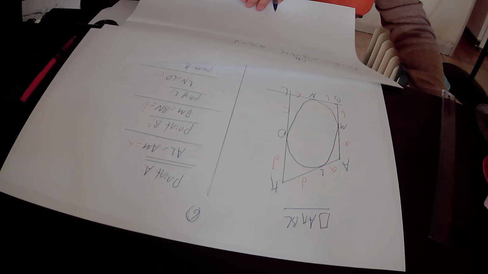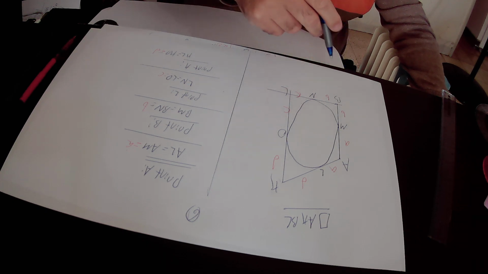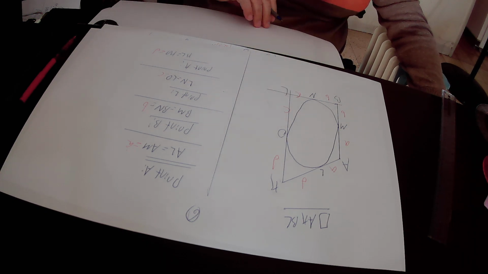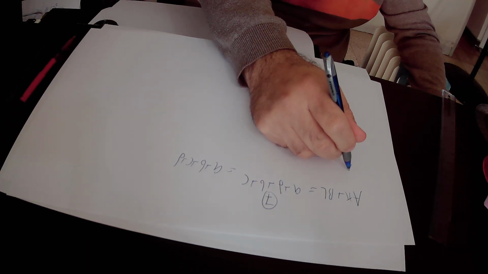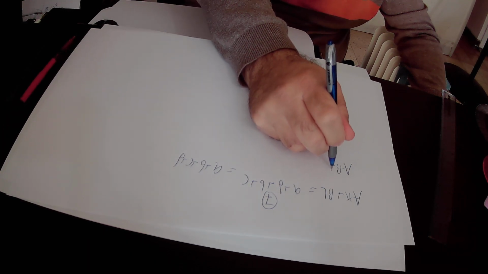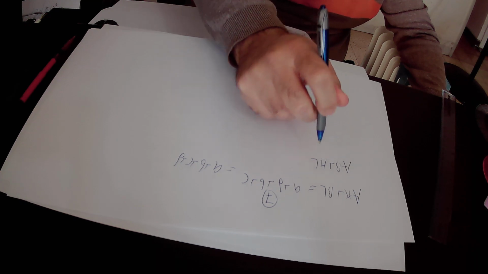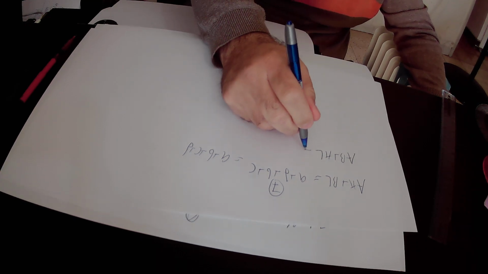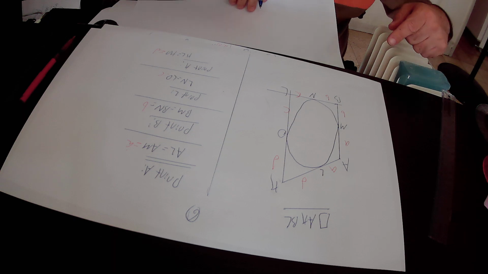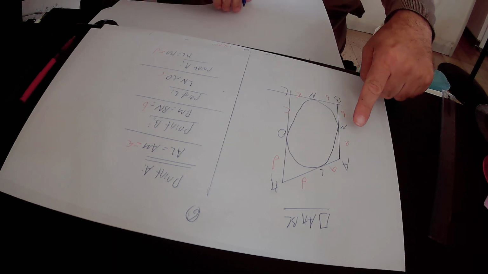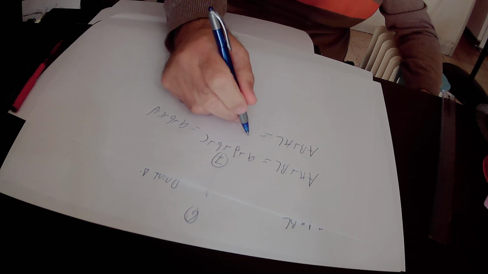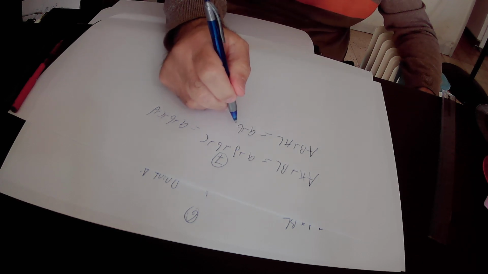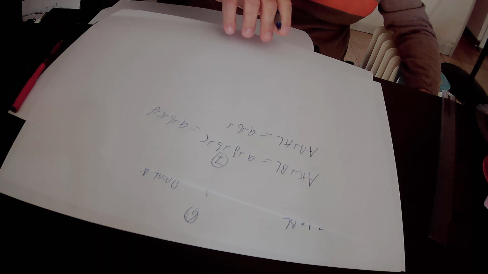In the next step, we will add side AB with side KL. Side AB plus side KL. Side AB equals A plus B, so we substitute AB by A plus B, plus side KL.